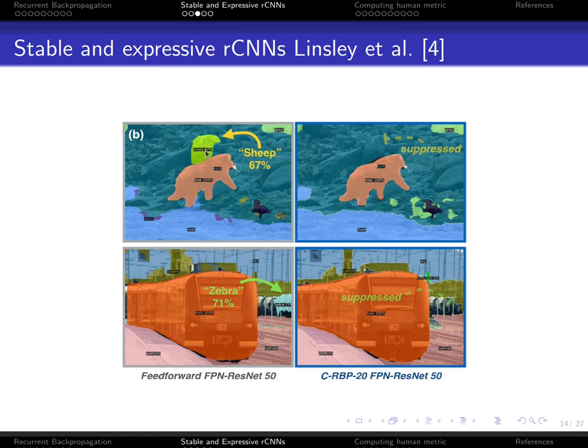And here we show examples of images where the belief map is wrong. So where there is a rock, the feed-forward is recognizing a ship with 67% likelihood. And in this picture, I don't know exactly what's in it, it's recognizing a zebra where there is not a zebra. And they show that with the recurrent backpropagation algorithm, this belief is suppressed.